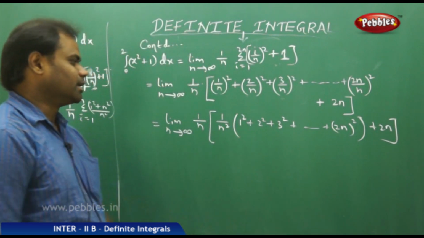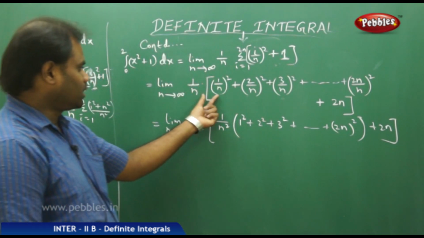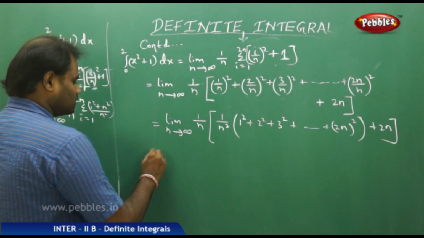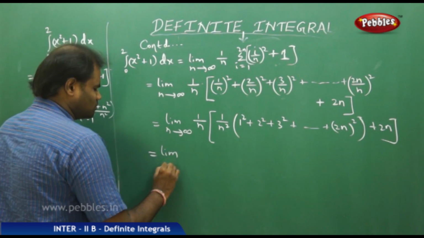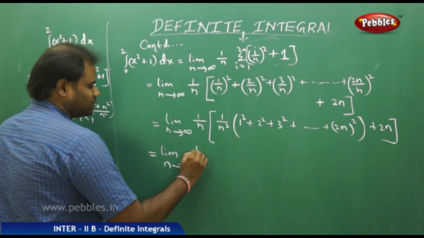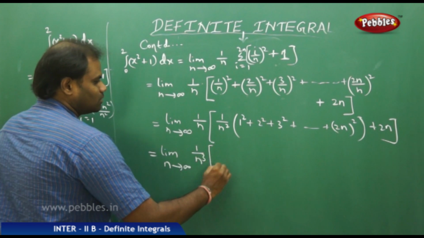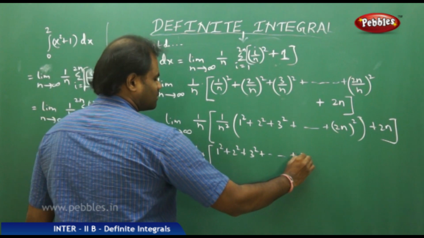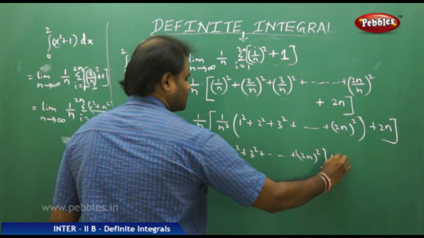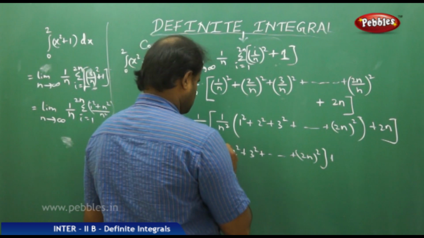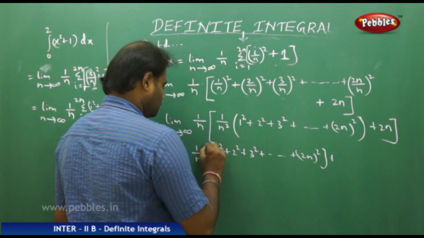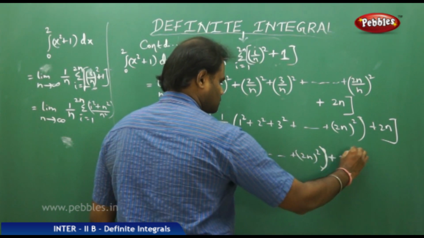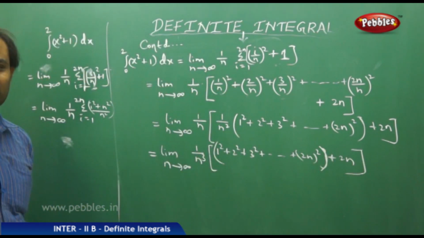So each n squared in the denominator is taken out as LCM, and we get this. Now this further reduces to limit n tending to infinity of 1 by n cubed of 1 squared plus 2 squared plus 3 squared up to (2n) squared, plus 2n, is what we get in the next step.